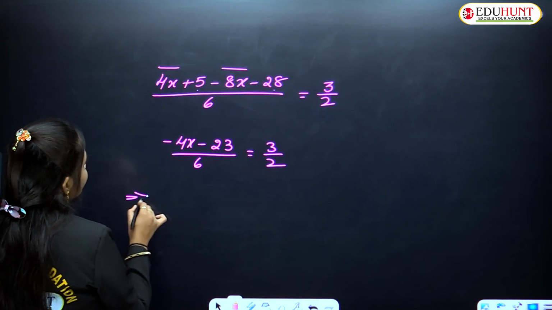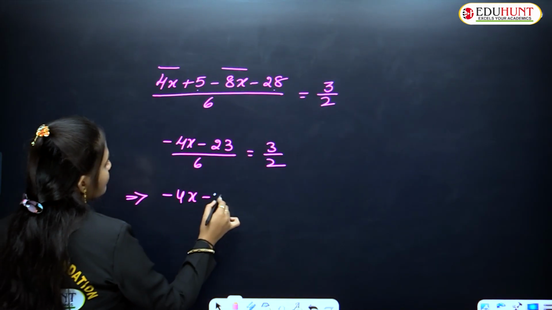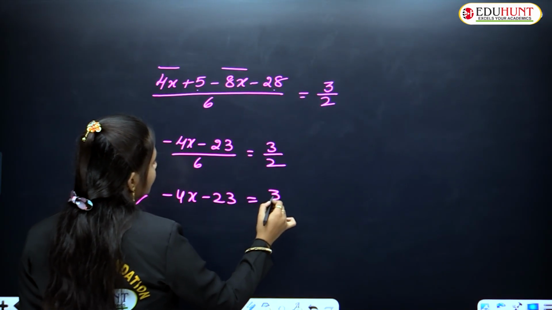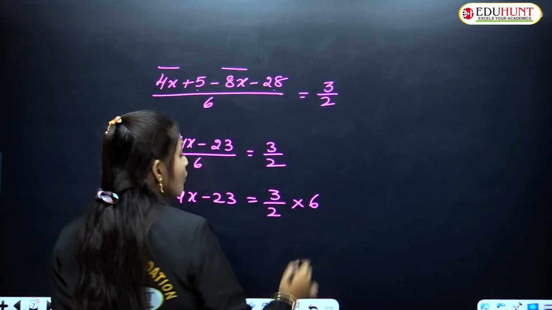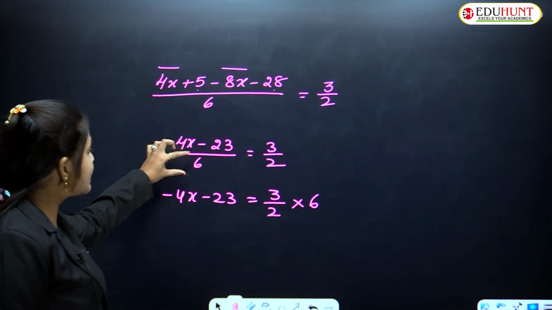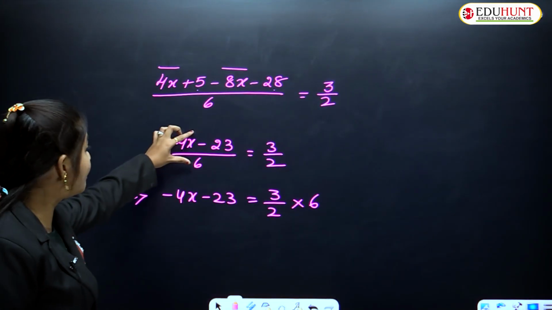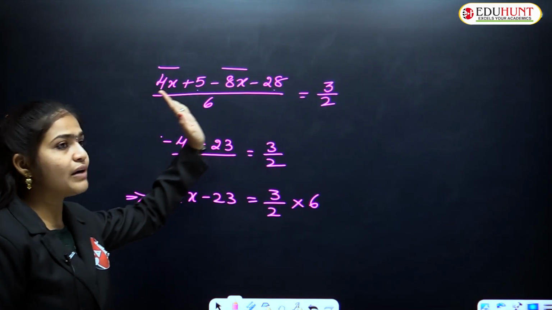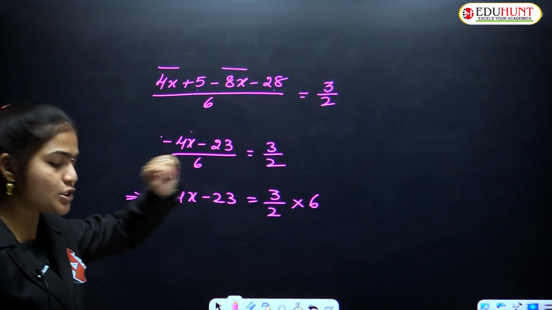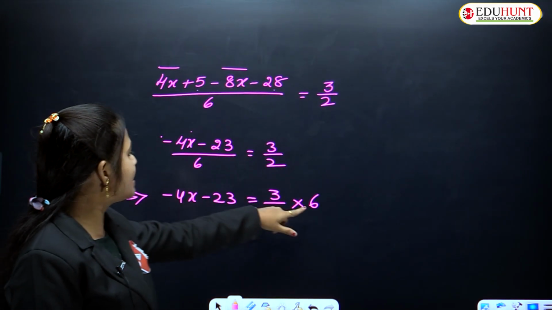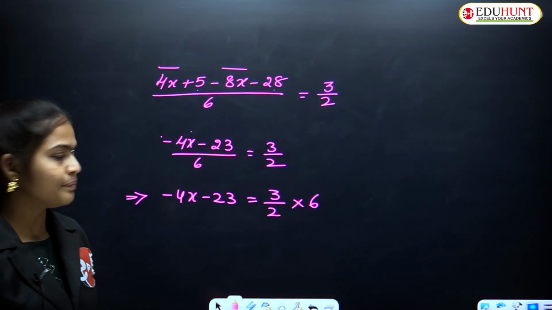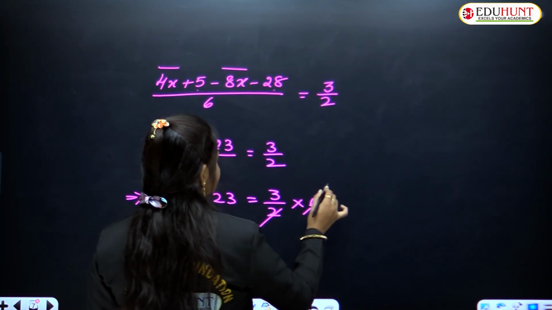Now we can write this one as minus 4x minus 23 is equal to 3 by 2 into 6. Why? Because here 6 is in division form. So while transposing 6 from LHS to RHS, division becomes multiplication. Understand? Yes. Now cancellation, 2 threes are 6.